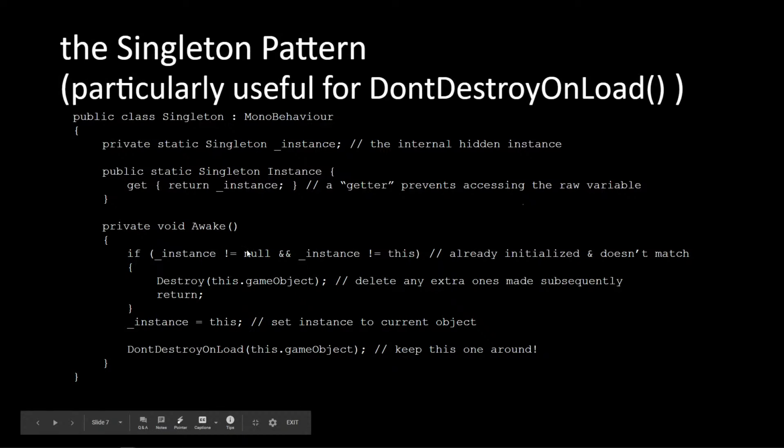So the singleton pattern is a way of checking when the object comes into existence to make sure it is the only one, right? It's like playing a game of musical chairs, where there's only one chair. And every time the scene starts, you might throw another person into the game.